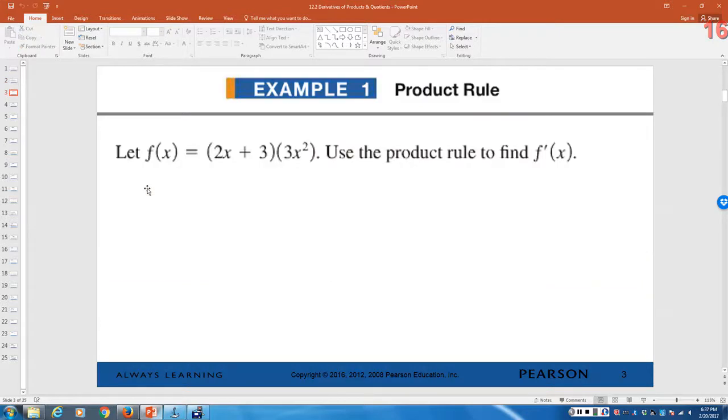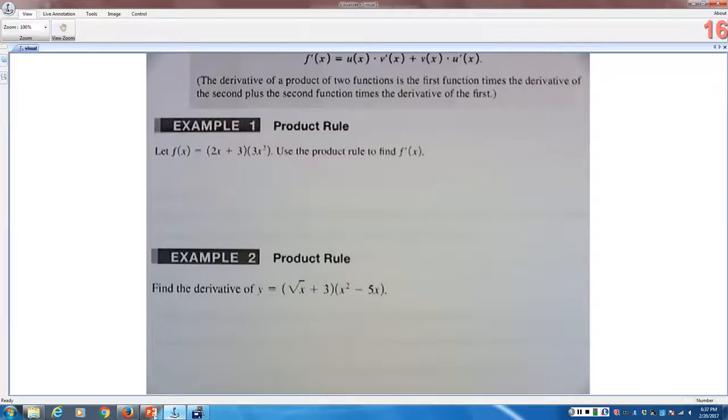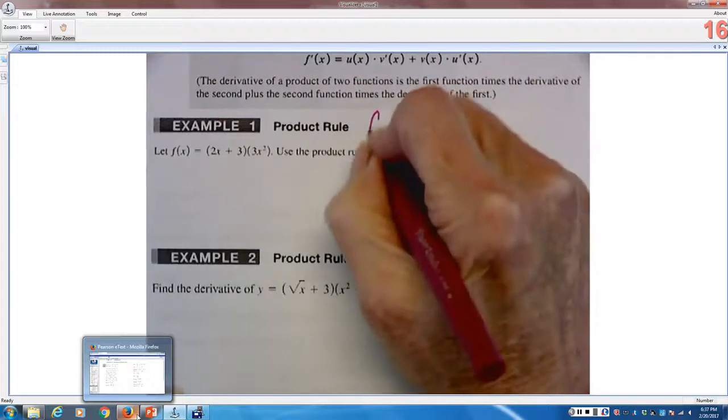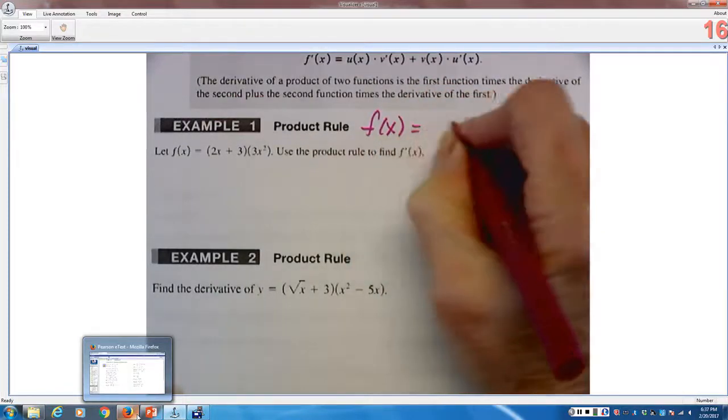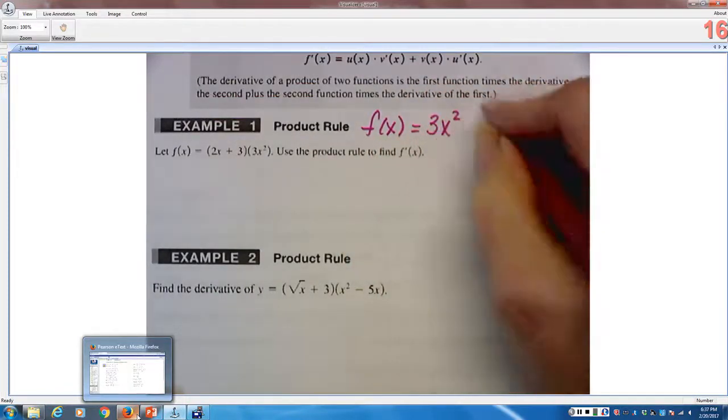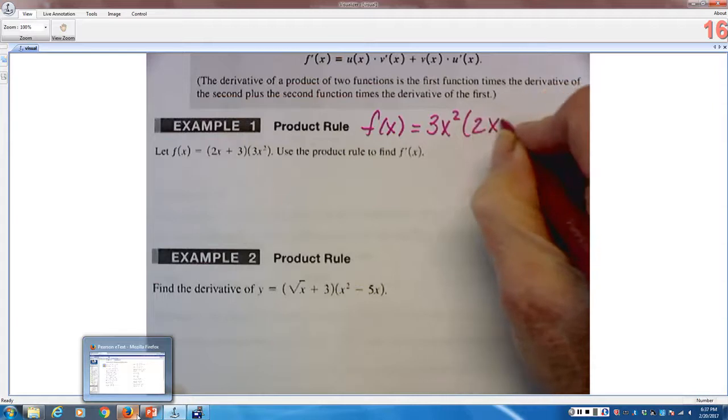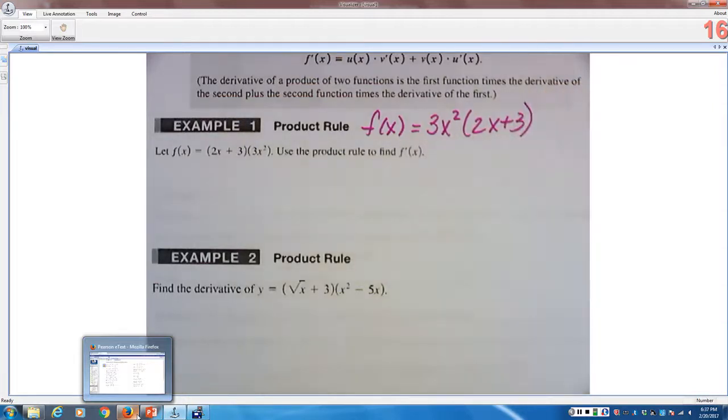So for example here, since the parentheses are there, it's pretty easy to recognize that that's a product. But if that product had been written instead as f of x equals 3x squared times 2x plus 3, it's not quite as obvious that's a product.